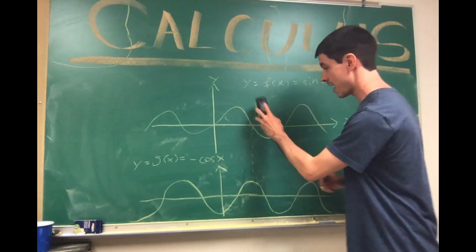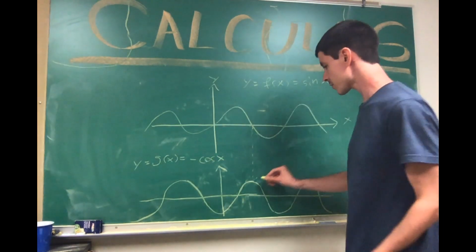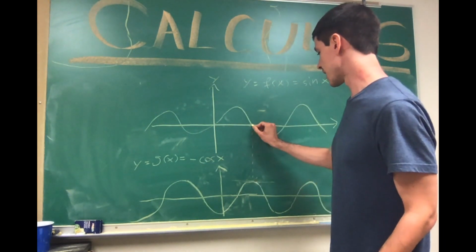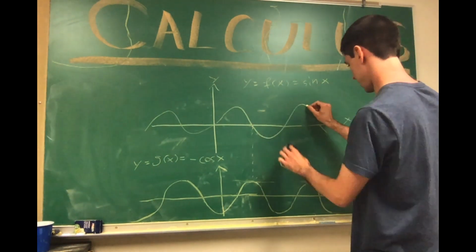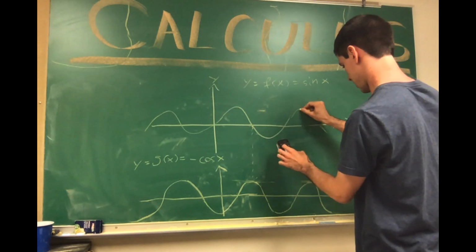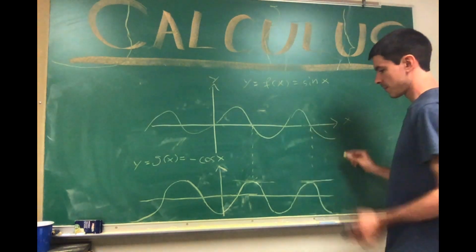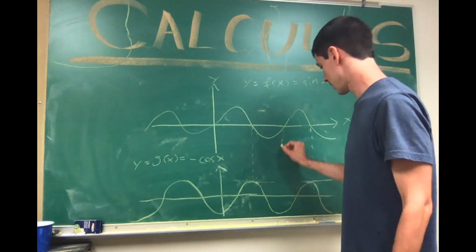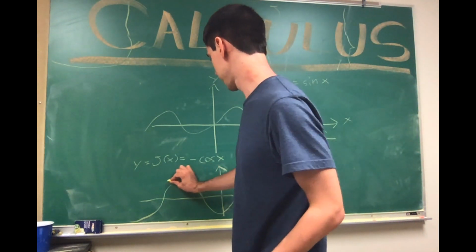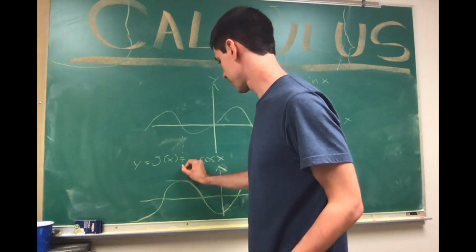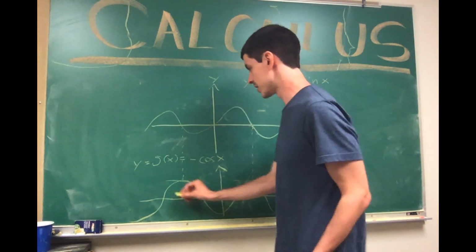Because f here is the derivative of g, sine is the derivative of negative cosine, this has horizontal tangents exactly when this is 0. This should correspond to this one, 0. And horizontal tangent whenever this is 0. And this is concave down whenever this is decreasing, right?